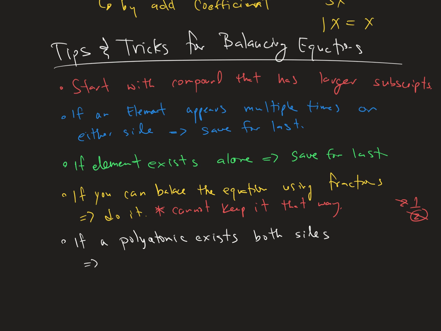For example, if we have carbonate on both sides, and it will be in a compound, like sodium carbonate or whatever, we don't have to count all the carbons and all the oxygens. We just say, okay, how many carbonates do we have on the left? How many carbonates do we have on the right? Well, we can only do that if it's the same polyatomic on both sides. Good?